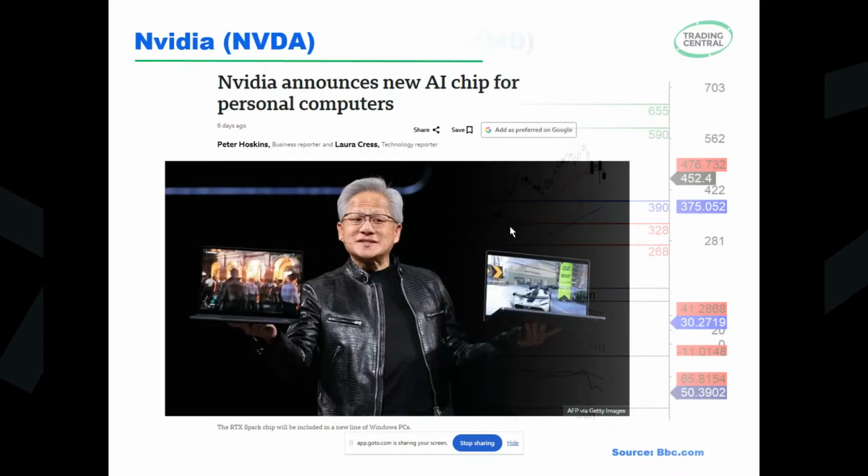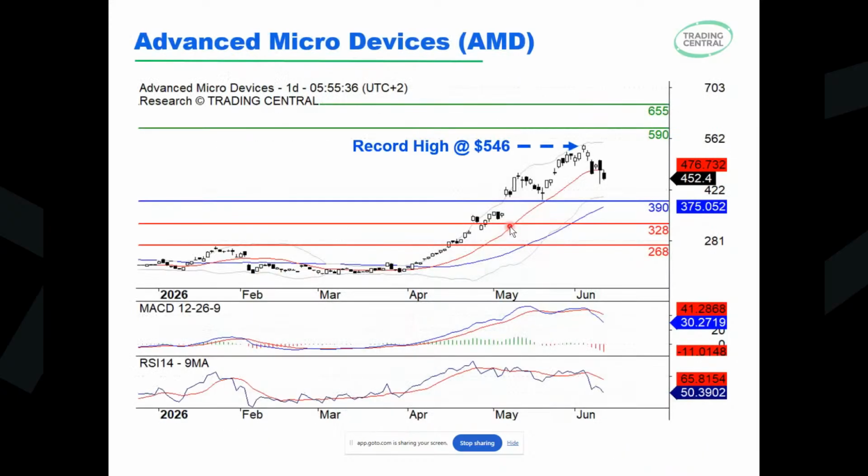Okay, if we are going to say NVIDIA is the big brother in the chip sector, I always say that AMD could be the second brother. Okay, we are not talking about the market cap. We are talking about the potential. So AMD, you can see that last year, 2025, it was up 77%.